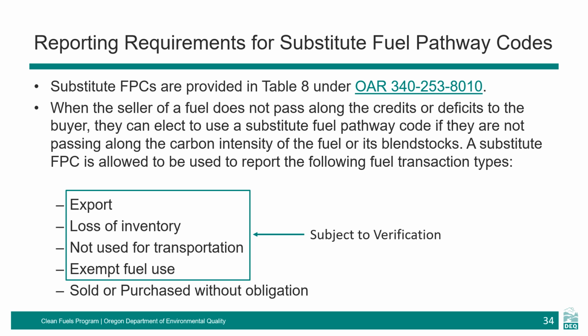Substitute fuel pathway codes may be used when the seller does not pass along the credits or deficits to the buyer, and they are not passing along the carbon intensity of the fuel or its blend stocks.